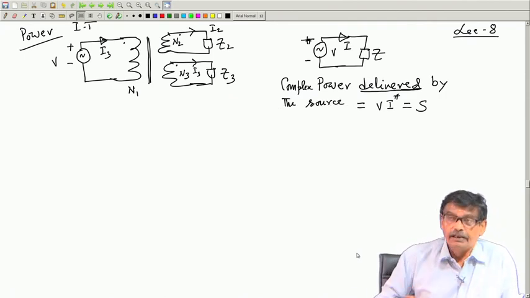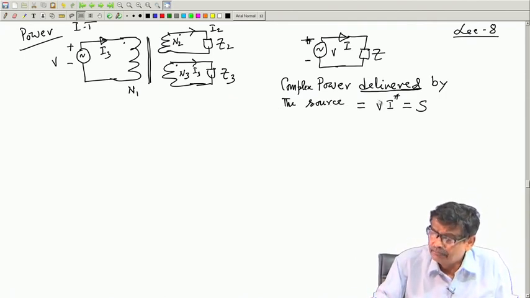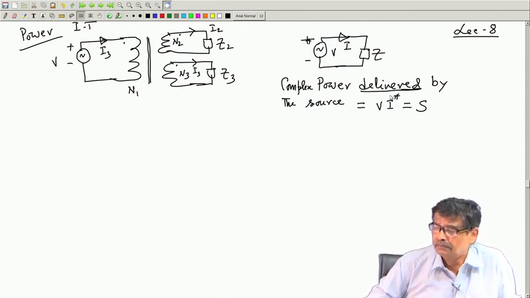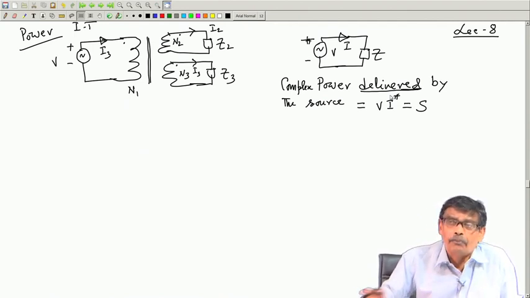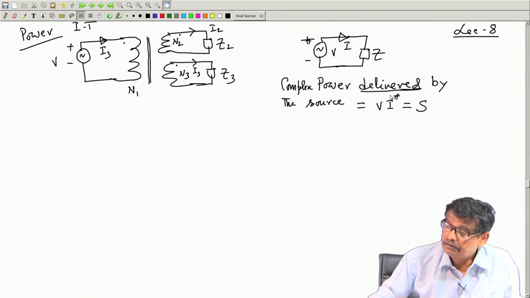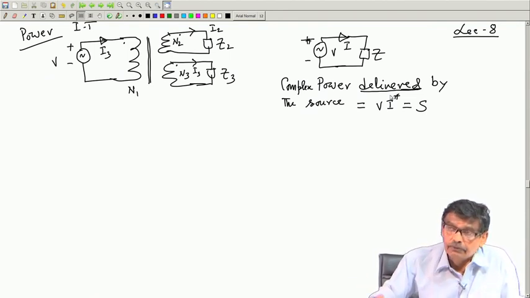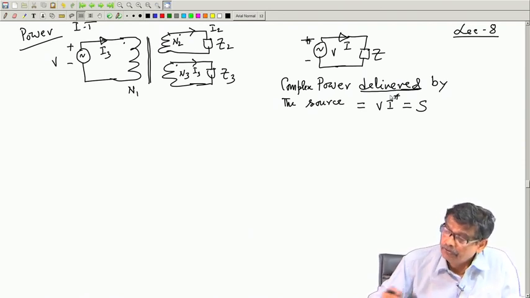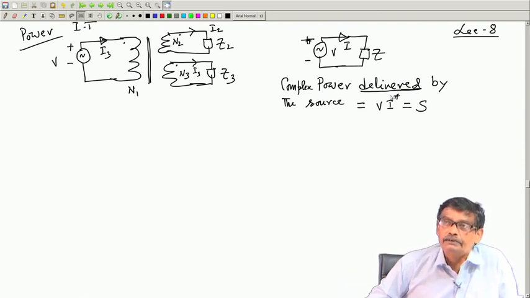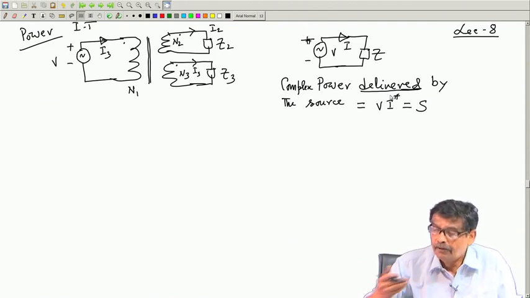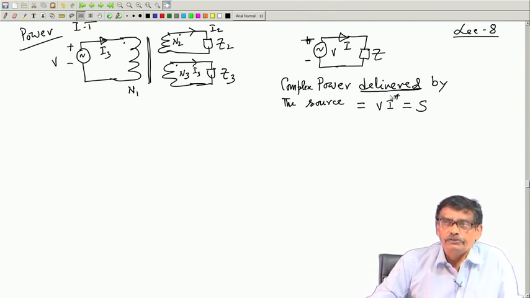Therefore, V I star you have to take. Mind you, V and I, although I am not putting bars, are complex numbers, and this gives you the complex power delivered by the source. After calculating this, if both the real and imaginary parts are positive numbers, then real power and reactive power are delivered by the source.